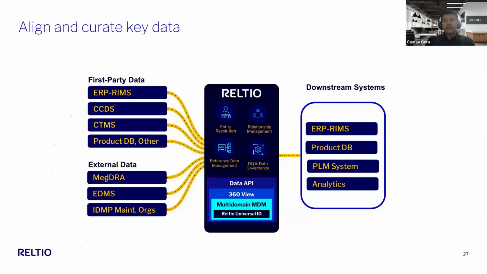If you're sourcing data from external systems like MedDRA, or if you're running a document management system, these different applications provide you critical information that needs to be collated, deduplicated, and standardized before you can give those applications to FDA or IDMP for your drug approvals, right?